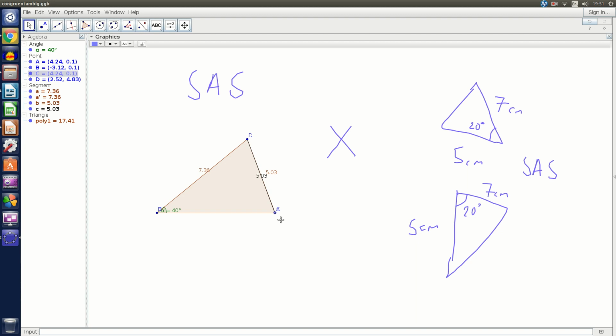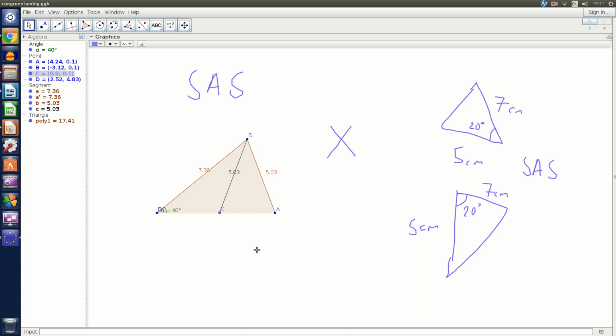You can consider this something like SSA. SSA doesn't work for congruence, and this is why. If I just move this over here, you can see I've got a smaller triangle, CBD, and a larger triangle, BDA, both of which have lengths, two sides the same, and an angle on the end the same, but which clearly aren't congruent.